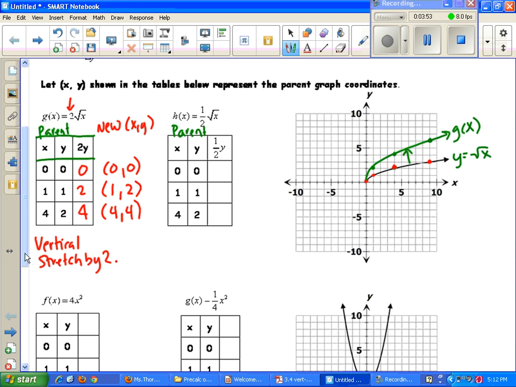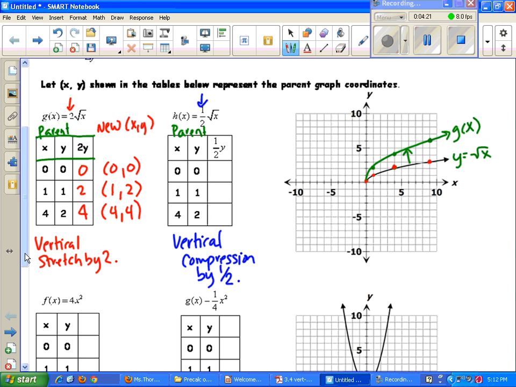Then let's look at the next one. For the next graph, our parent graph values are again 0, 0, 1, 1, 4, 2. If I look at this value here, it's in between 0 and 1. Because it's a fraction, this is going to be a vertical compression by a factor of 1/2.